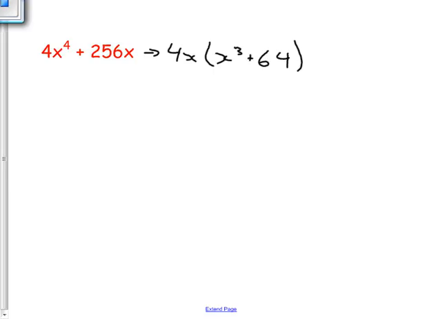All right, then now we have a sum of cubes, right? When I say difference of cubes, sometimes I mean sum of cubes.